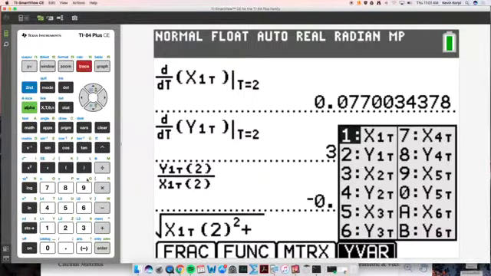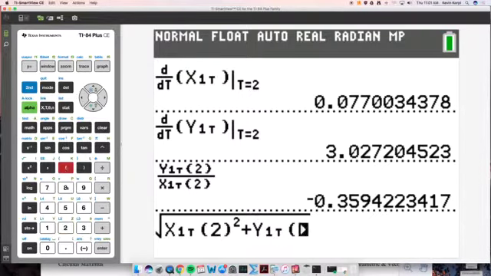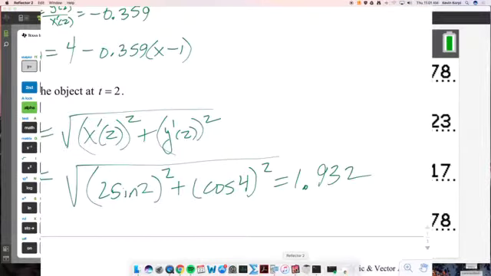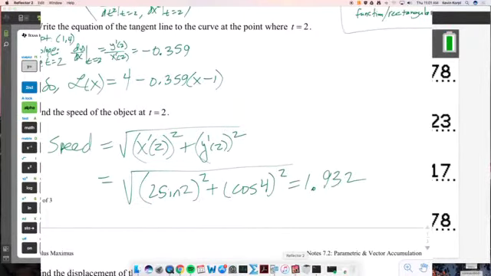Plus, again, alpha trace number 2, evaluate it at 2, close it and square the quantity, and you get that number right there, which to 3 decimals is 1.932. So you can verify that the exact value on the left is equal to that decimal value. Either way, you're using your calculator, putting down the right notation, and letting your calculator do pretty much all the heavy lifting for you.